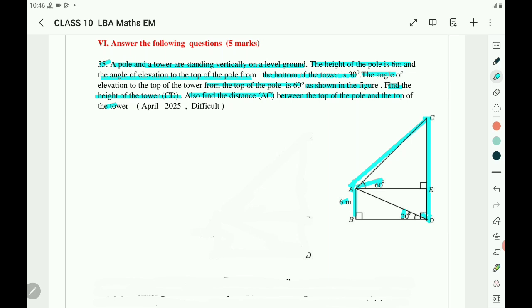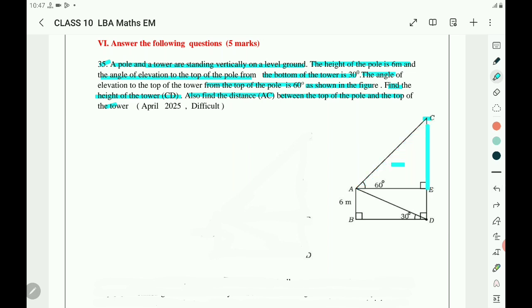To find the height of the tower CD and also the distance between the top of the pole and the top of the tower AC, we have to use the triangles. Which right angle triangle? We have to use the right angle triangle AEC. If you use the right angle triangle AEC, you can get CE and AC.